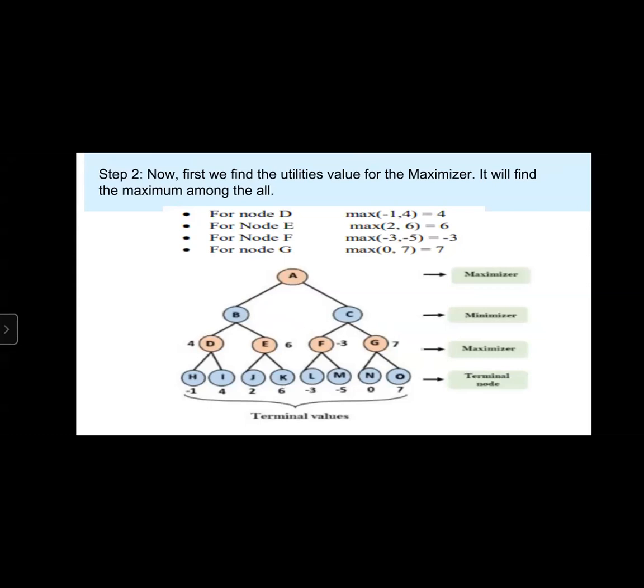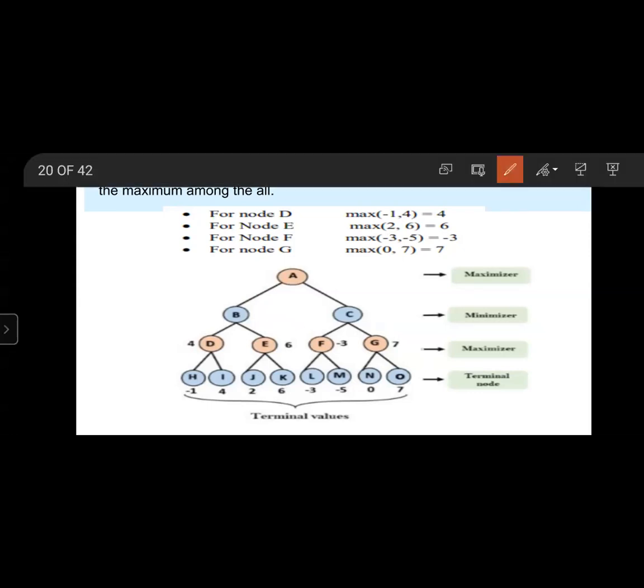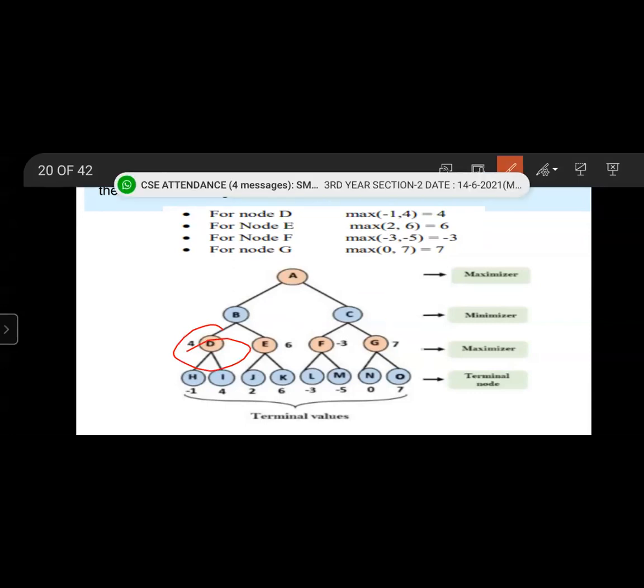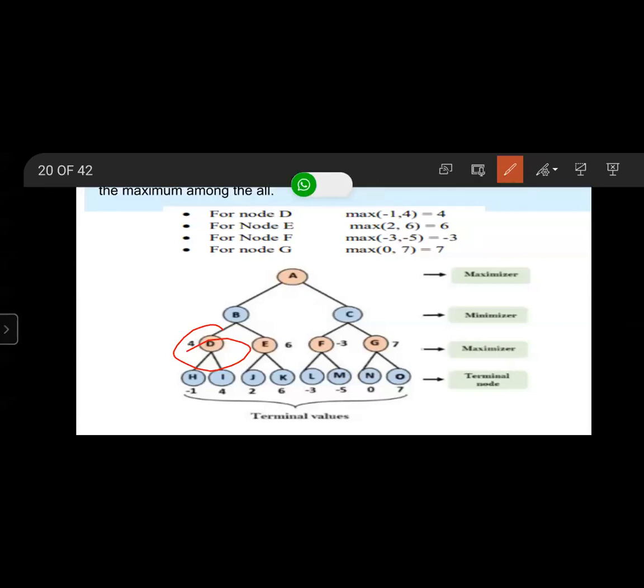For node D, maximum of -1, 4. What's the value? Maximum value 4. Clear?